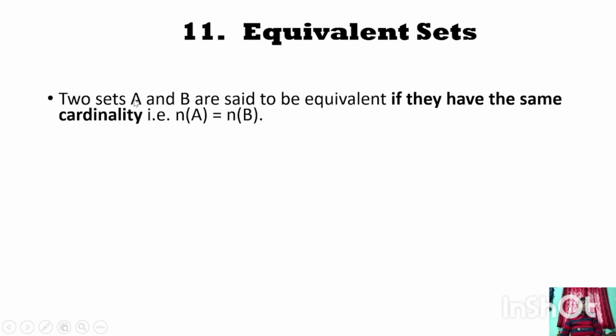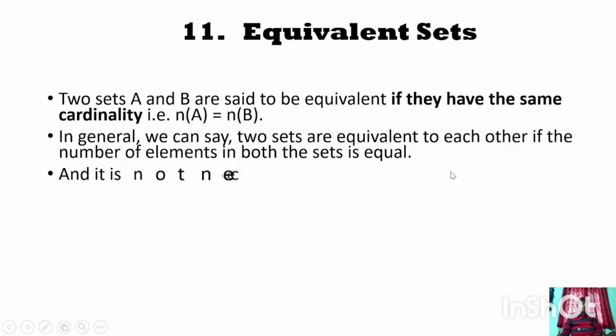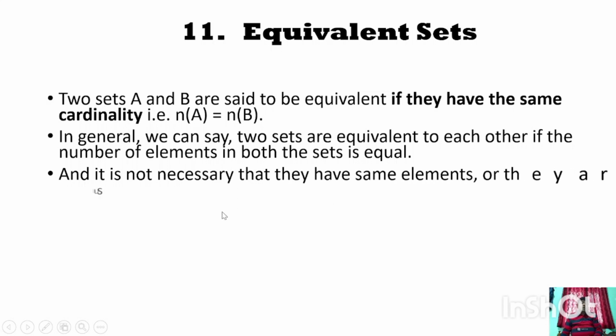It means the number of elements of the set A is equal to the number of elements in the set B. In general, two sets are equivalent if the number of elements in both sets is equal. It is not necessary that they have the same elements or that they are subsets of each other. The cardinality of the sets must be equal.